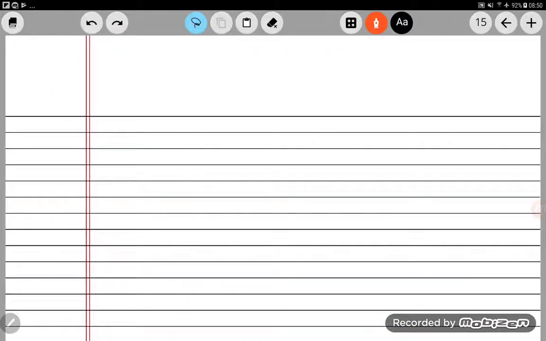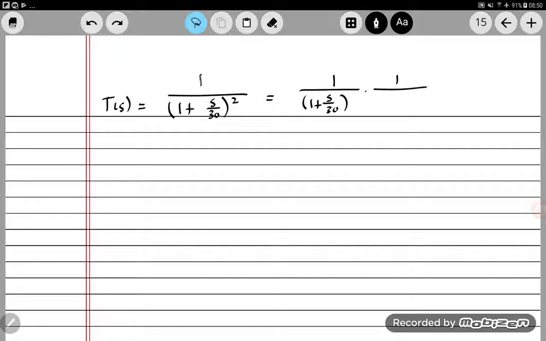The second example that we will do is slightly more complicated, but still quite easy to draw. It looks like this: 1 over 1 plus s over 30, all squared. Of course, we can interpret this as 1 over 1 plus s over 30, times 1 over 1 plus s over 30.